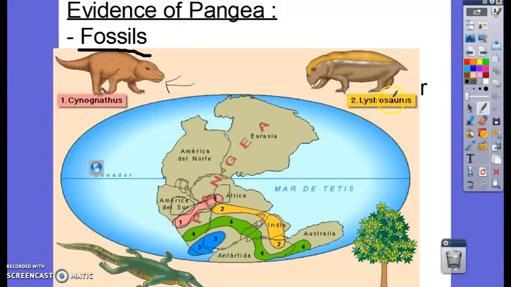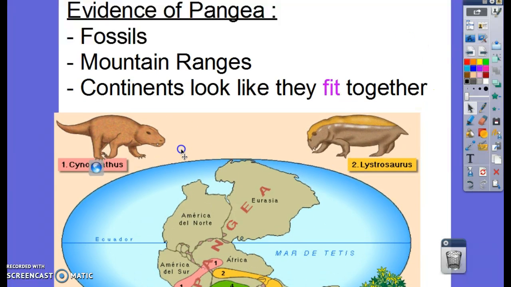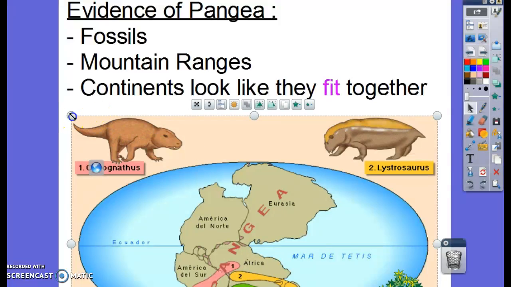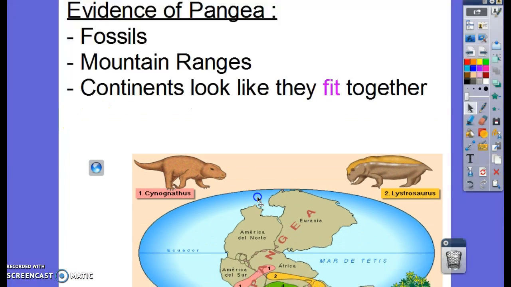Or like this guy, Lystrosaurus, okay? He was found over here in Africa and India and Antarctica. They were like, what the heck? Why did he live in Antarctica? How did he live in all three places? He couldn't swim. So they said, well, you must have lived there when all of the continents fit together. Same thing with mountain ranges.